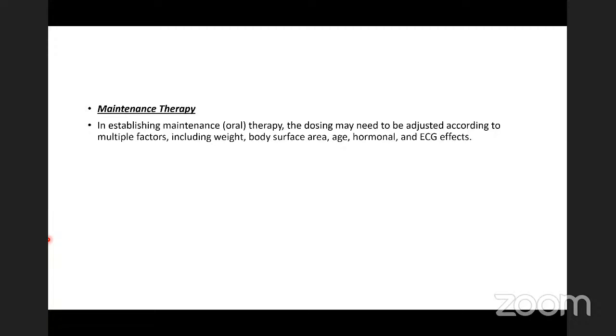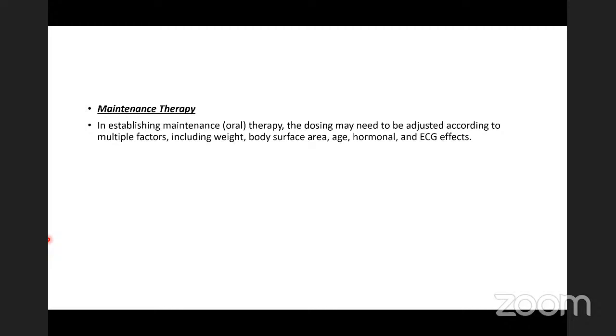So usually you start with some IV medication. The other important thing is all intravenous antiarrhythmic medications can produce hypotension. So you need to be very careful when you use those medications because they have either vasodilation effect or negative inotropic effects. After that, you have to go for maintenance therapy, and there are many options for that.